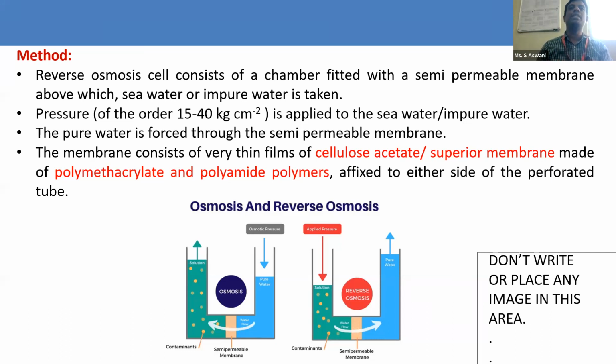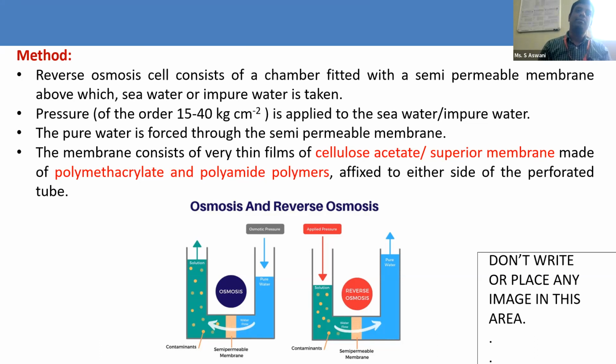These synthetic membranes are polymethacrylate and polyamide polymers. These two types of synthetic membranes are also used in the desalination process as semi-permeable membranes. The natural membrane is cellulose acetate, which acts as a semi-permeable membrane.